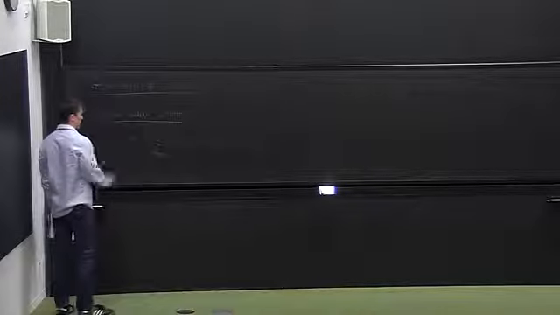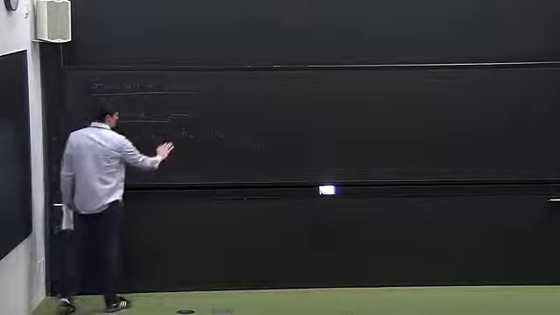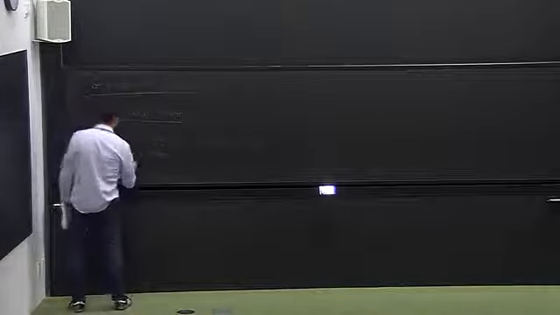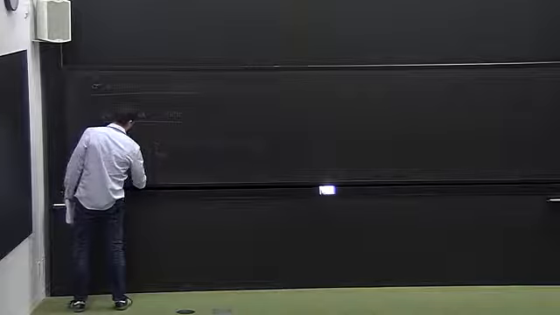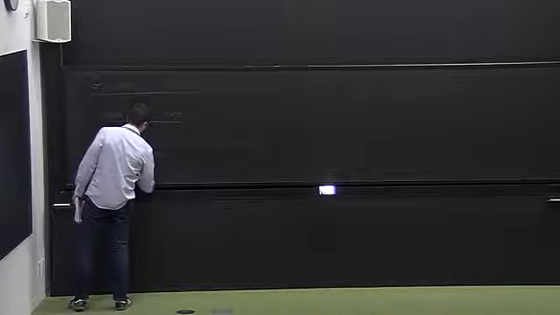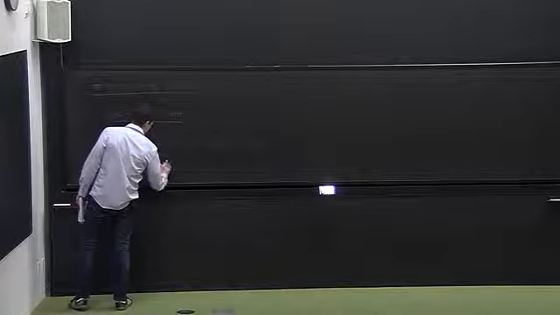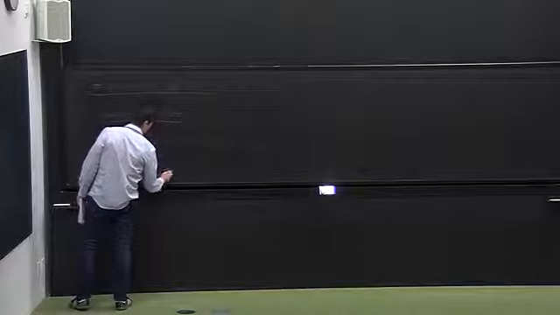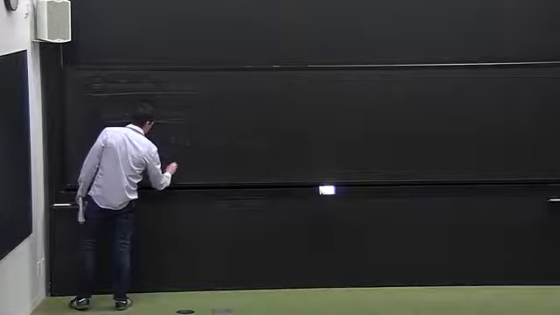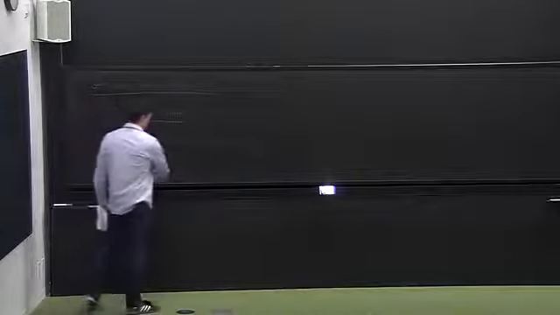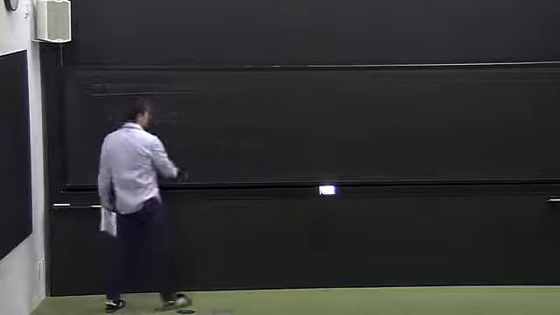And to begin with, we'll just be working to linear order in h. So for example, if we want to raise our metric, we just pick up a minus sign. And then the other order terms are just non-linear in h.